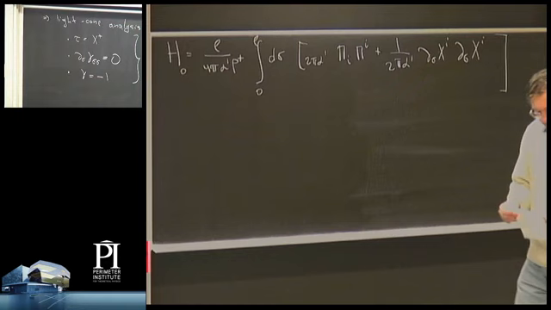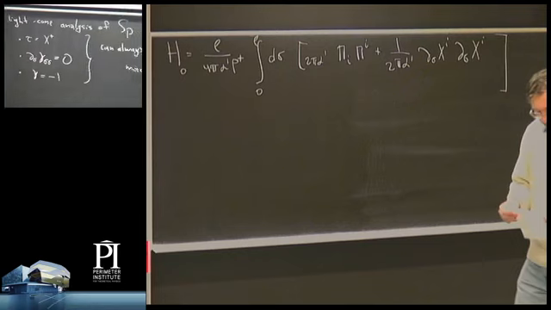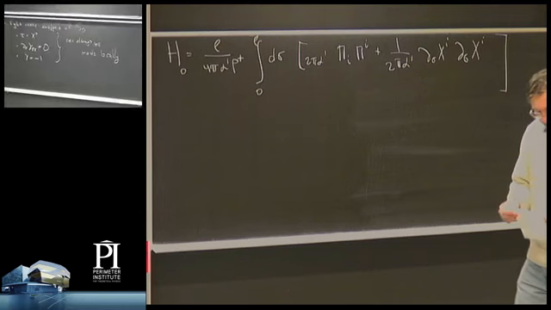Okay, so once we have this gauge, we computed the Lagrangian density, and I'm not going to write it down, but I'm going to write down the Hamiltonian of the string. It is an integral from 0 to L. Remember that we are discussing open strings, so I put a small subscript open.